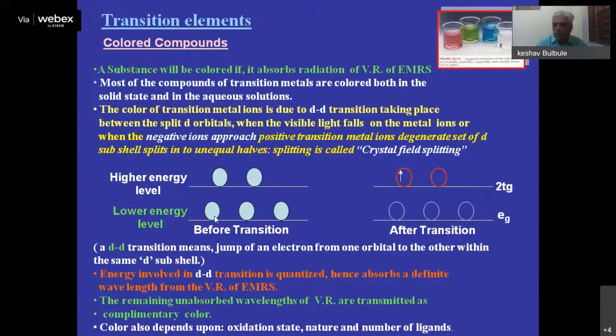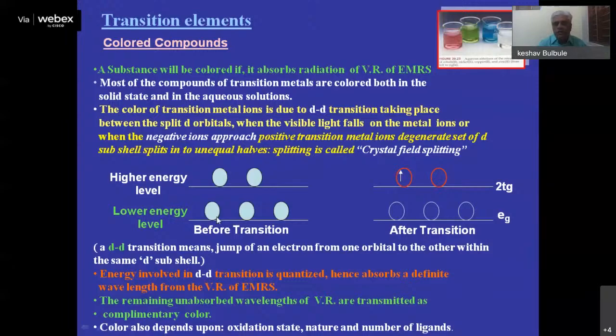For this transition of an electron from a lower energy level to a higher energy level, very little energy is required. This little energy required for the d-d transition, meaning transition from one d orbital to the other d orbital, comes from absorption of a particular wavelength from the visible region of the entire electromagnetic radiation spectrum.